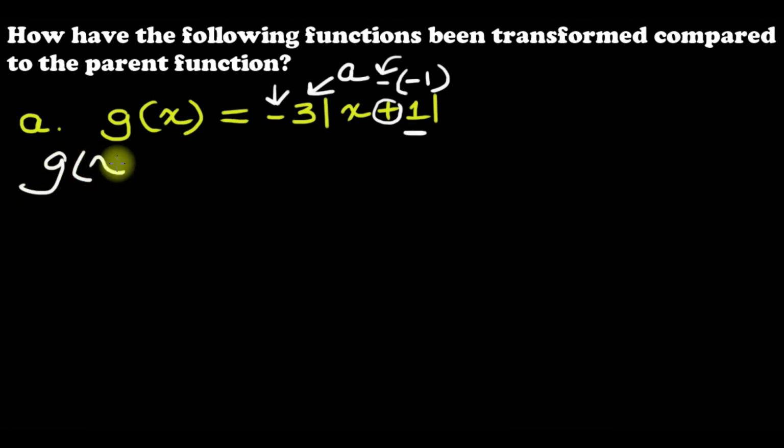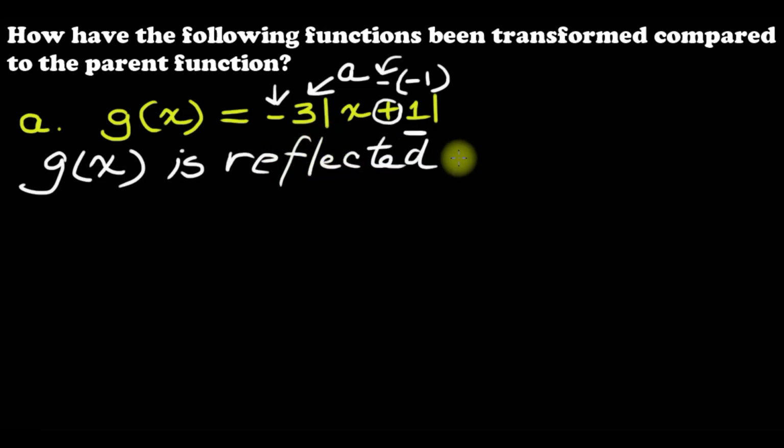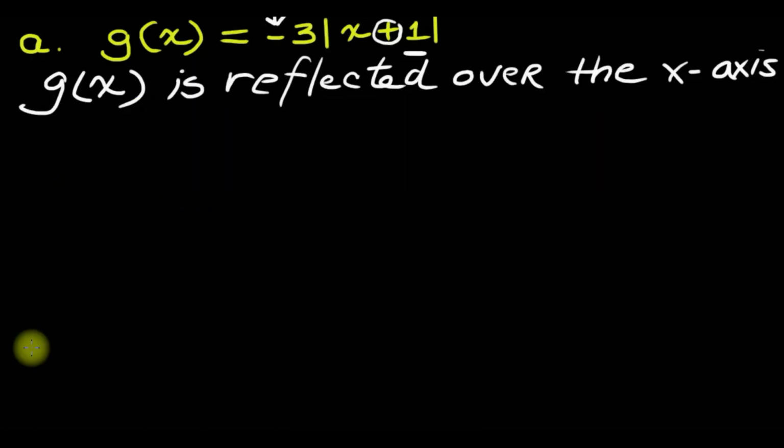So we say g of x is reflected. So this is from the parent function, right? From the parent function, g of x is reflected over the x-axis. What else? Remember we talked about stretch.